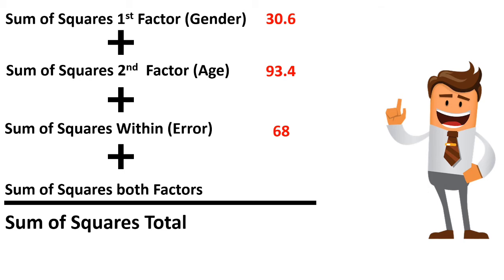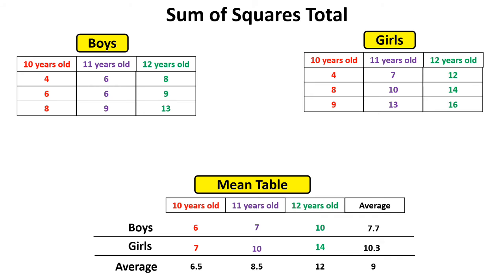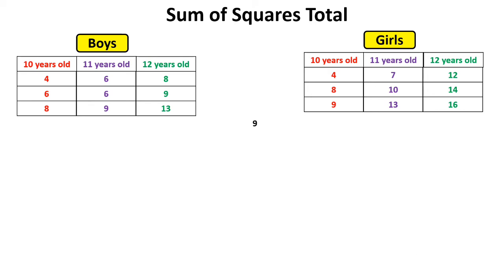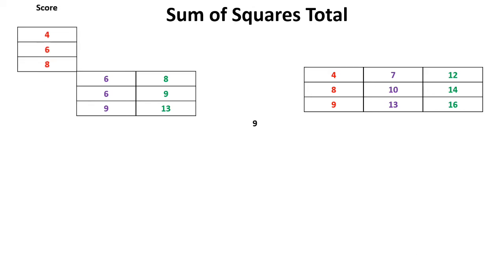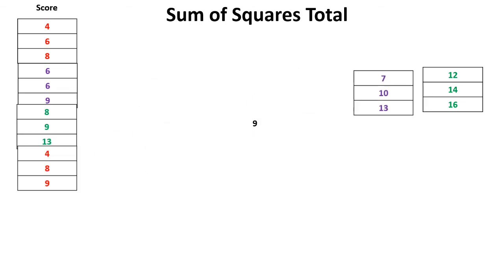Now, let's have the sum of squares total. Again, let's bring back our tables. This time, let's take all the test scores and compare them against the grand mean, which is 9. Now, let us make one big column of all the test scores.